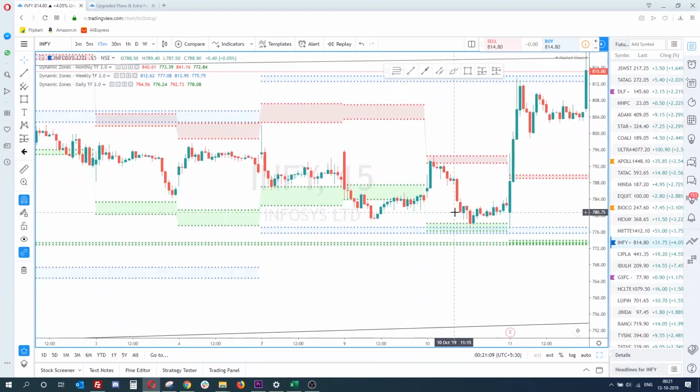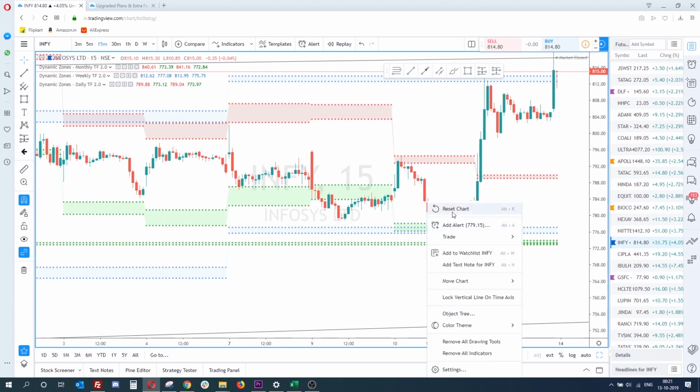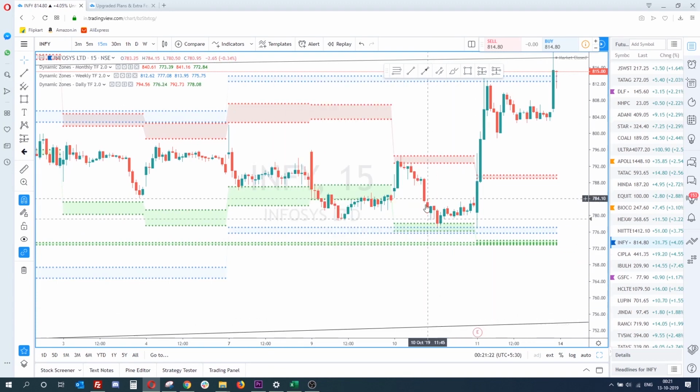Here, if you see, it took 12:30 to reverse from here. So what you can do is put an alert here at 7:79. The moment it touches 7:79, TradingView will give you an alert.